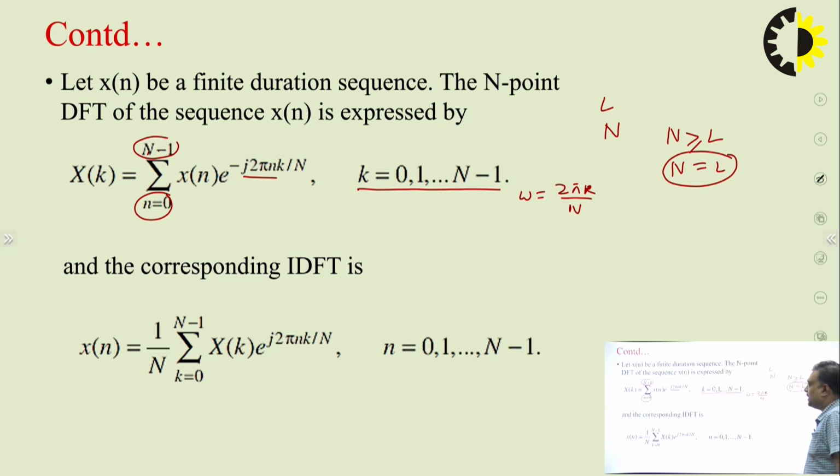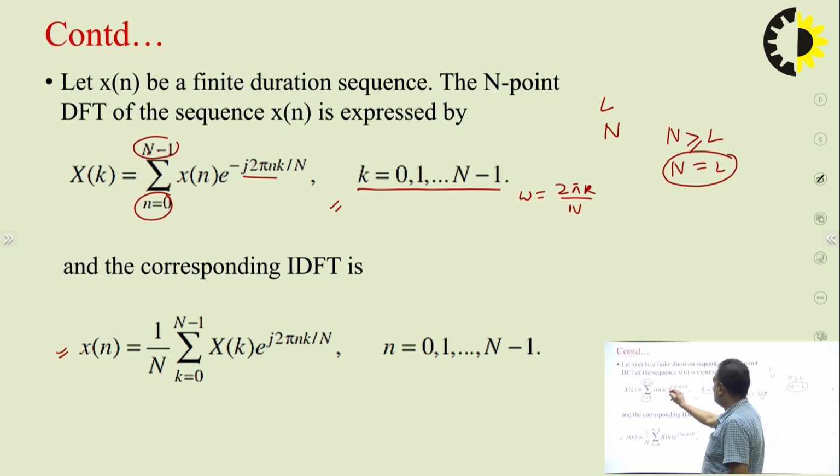This is the expression of DFT, and the corresponding IDFT is 1 upon N times the summation over k equals 0 to N minus 1 of X[k] e to the power j 2 pi n k by N.